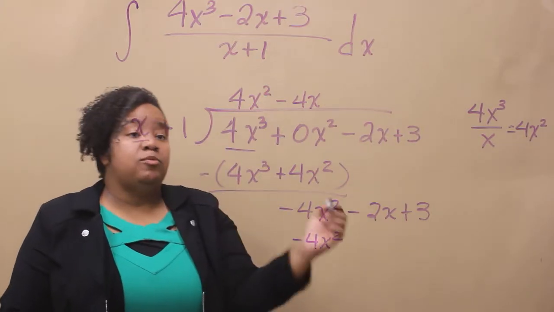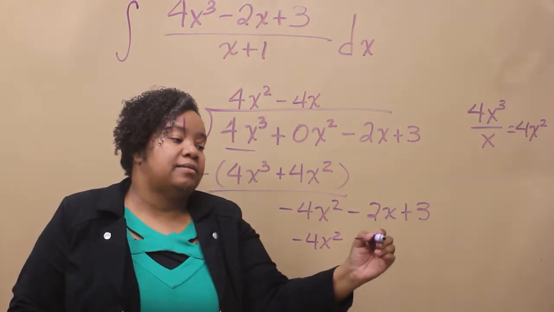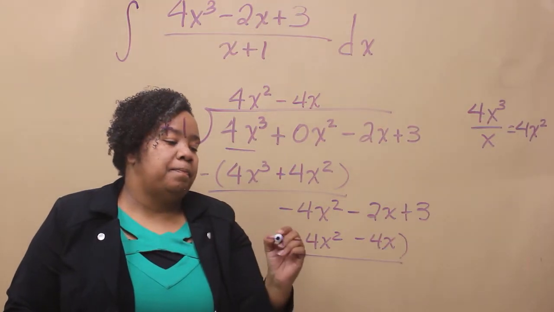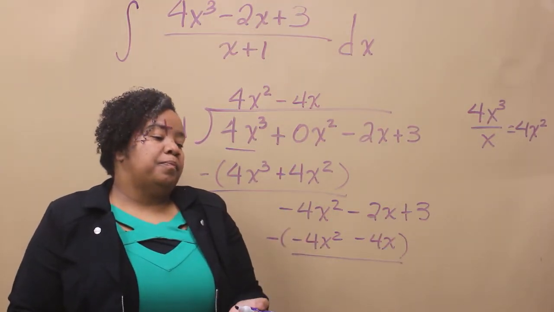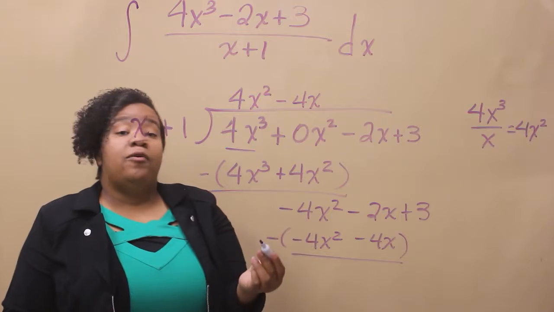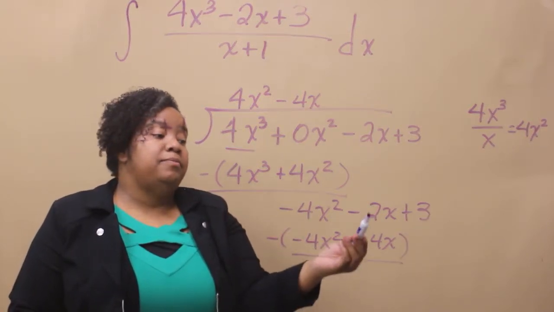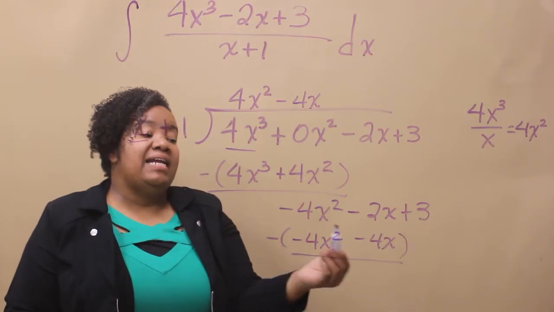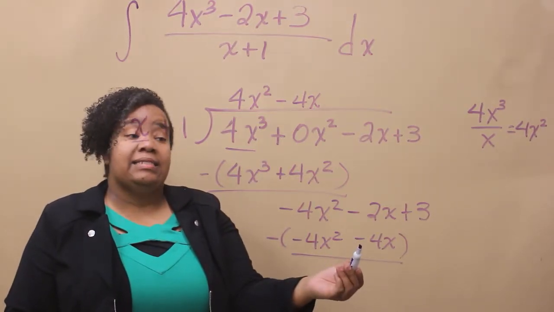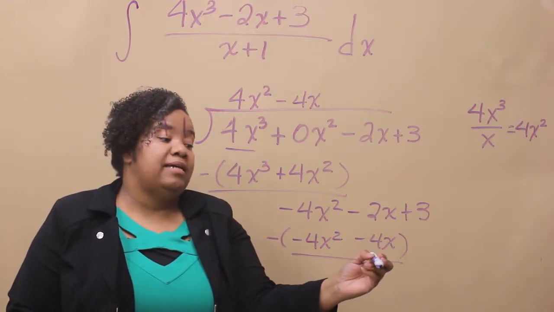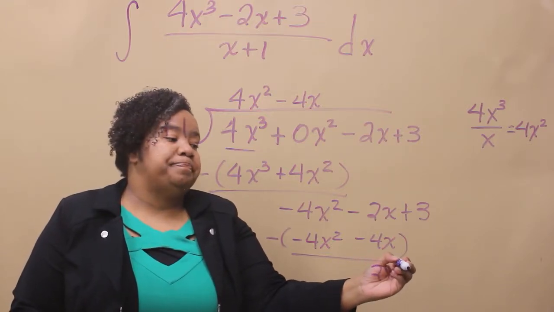Minus 4x times 1 is minus 4x. And we subtract. So negative 4x minus negative 4x is going to be 0. Negative 2x minus negative 4x is going to be negative 2x plus 4x, so that's 2x plus 3.